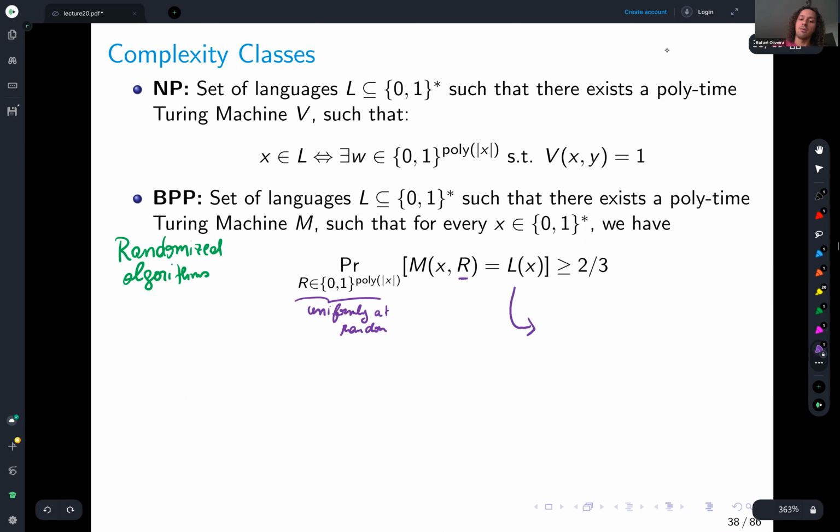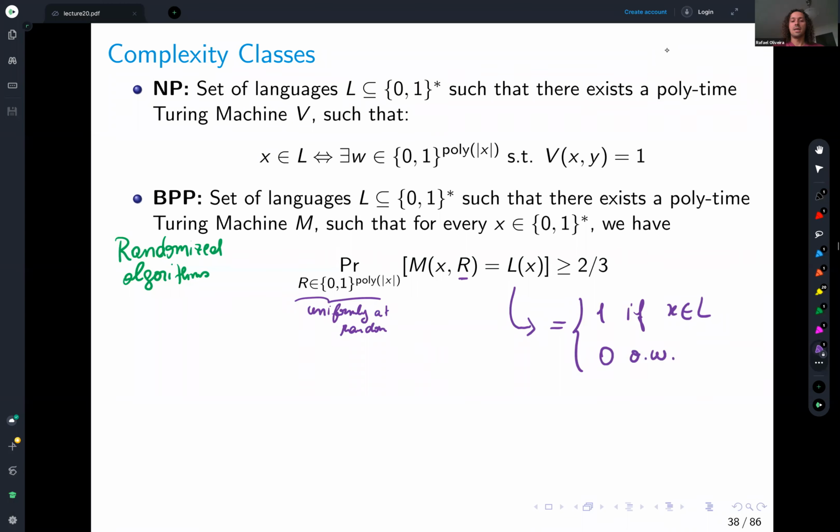What is L(X)? L(X) is the function that's equal to 1 if X is in the language and 0 otherwise. This is just a shortcut to say whether X is in the language or not.